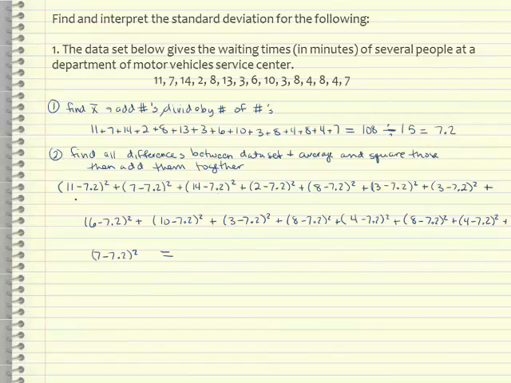And I'll do 11 minus 7.2, and that's going to give me 3.8.